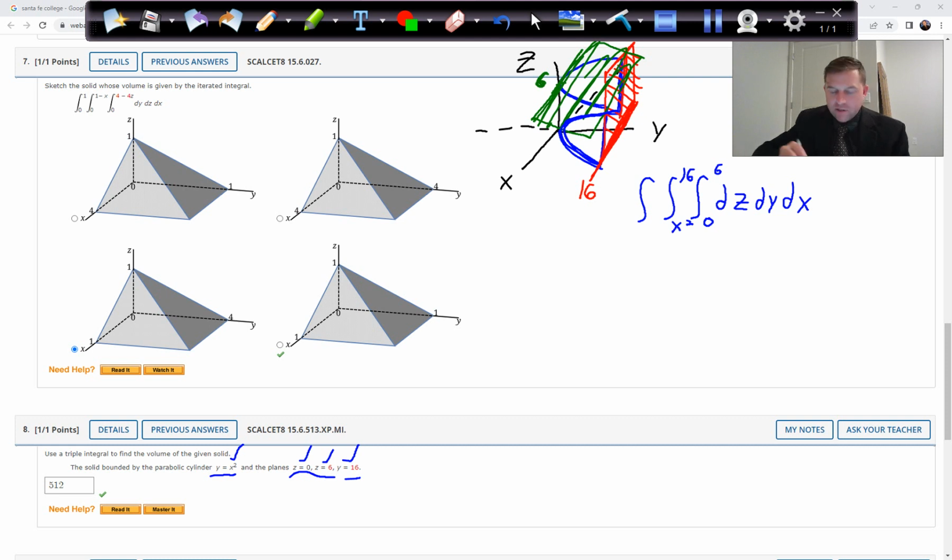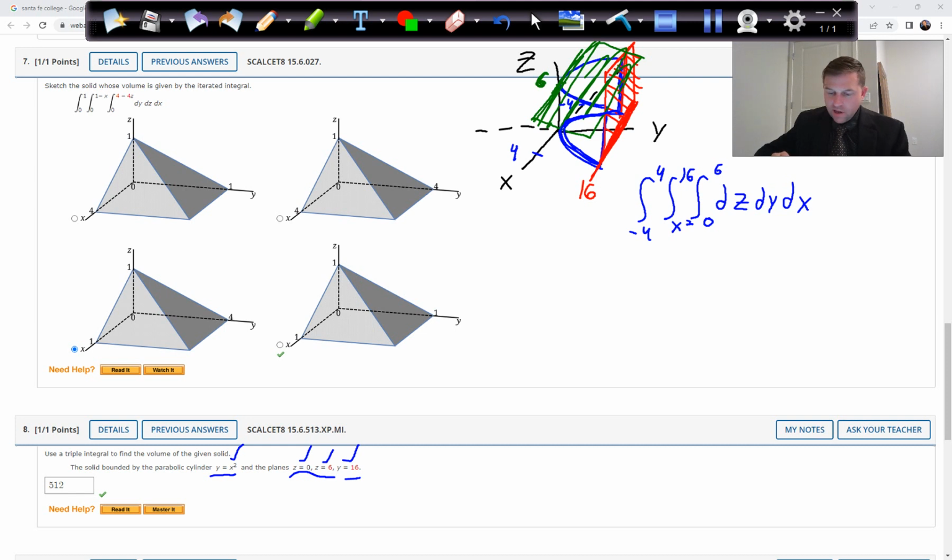So it's going to stop at 16, this red plane I drew. Now what about x? If y can only go to 16 and y is x squared, then the highest x can ever be is 4, or on the back side, minus 4. So x is going to go from minus 4 to 4. Okay, that's the tricky part.